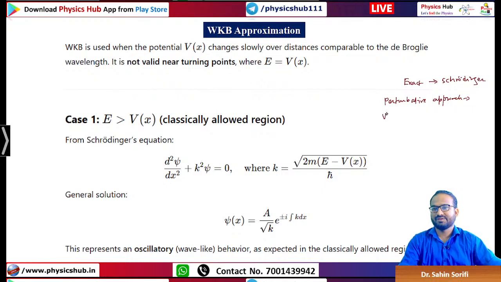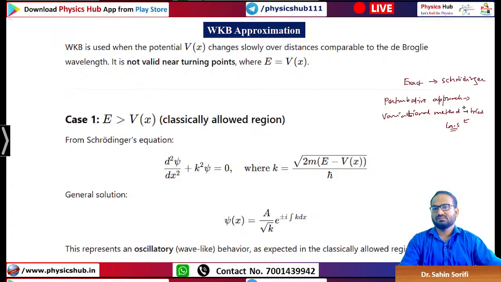Then we have the variational method, where the Hamiltonian is far away from the exact Hamiltonian. In the variational method we take a trial wave function and we find the minimum ground state energy.